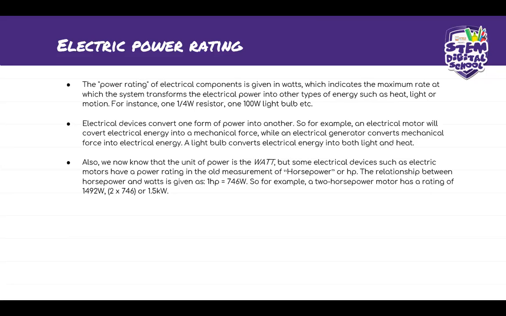They either write 1,500 watt, 5,000 watt, etc. So the power rating of electrical components is given in watts. It indicates the maximum rate at which the system transforms the electrical power into other types of energy such as heat, light, motion.